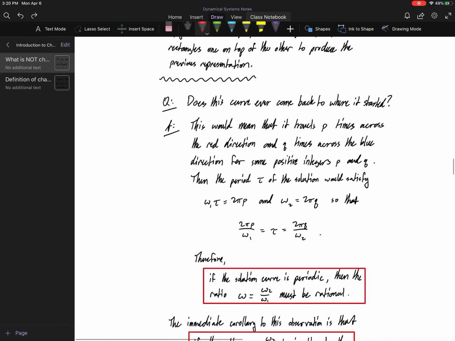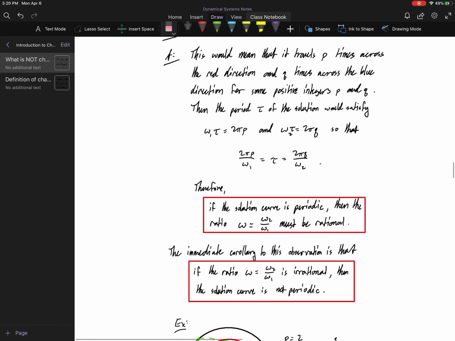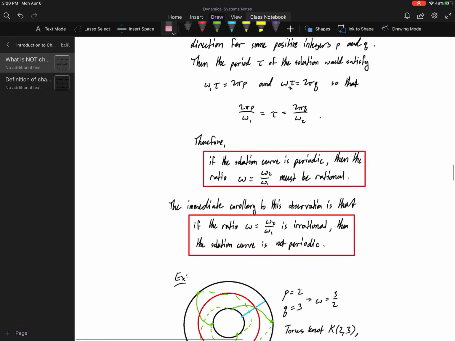And then the period would be the smallest number of p and q where this would occur. The period would have to satisfy the following two equations here. And I didn't put my tau in the second one. There we go. So omega 2 tau, there it is. So that means that I have to cover the same distance, which will be 2 pi times p in the theta 1 direction, and then 2 pi q in the theta 2 direction, and this happens at the same time tau.